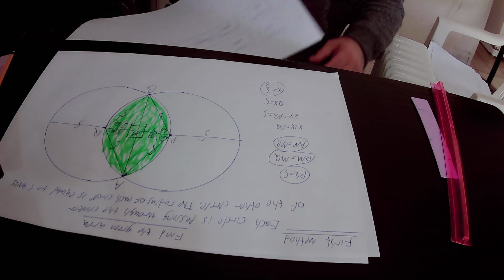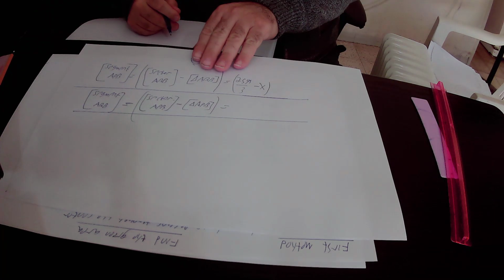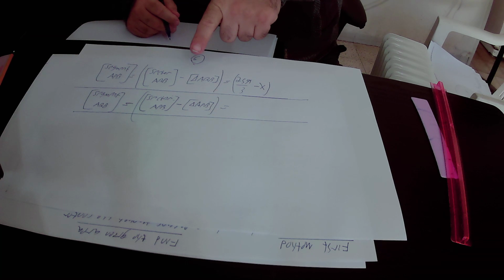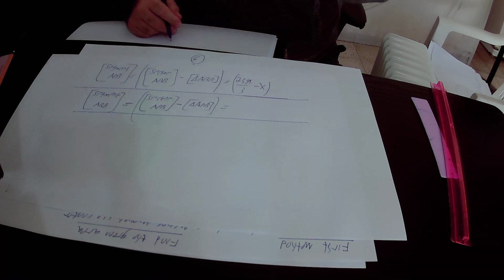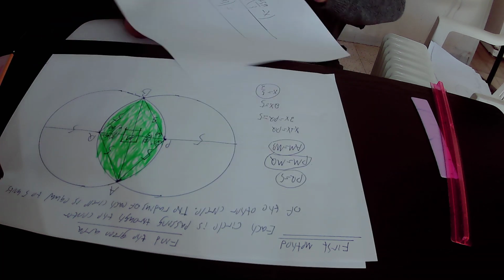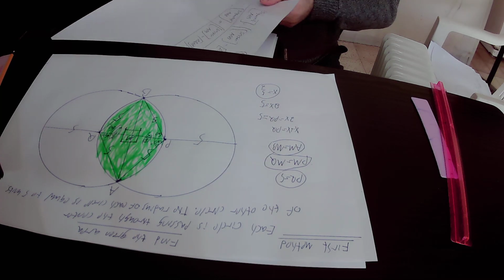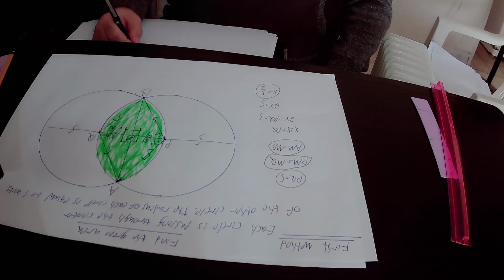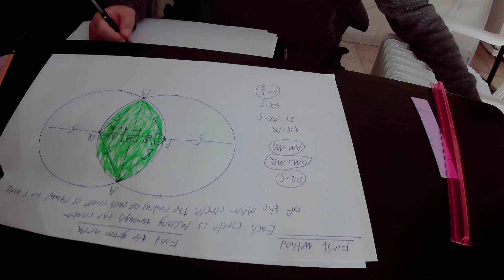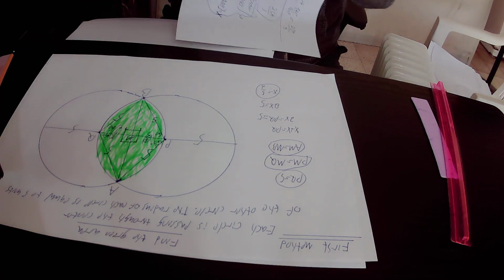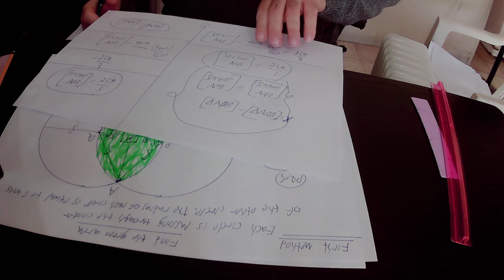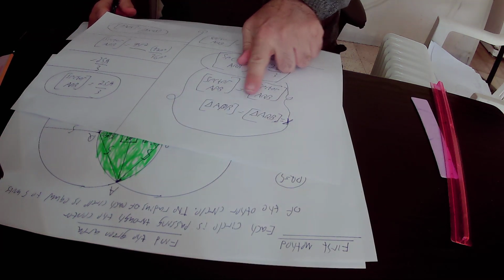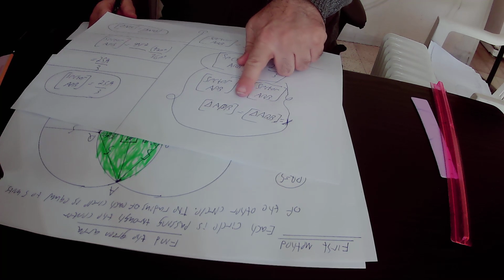I repeat again, the area of segment AQB equals the area of sector APB minus the area of triangle APB. But we have already found out that the area of sector APB equals 25 pi over 3 square units, and according to our definition, the area of triangle APB equals x.